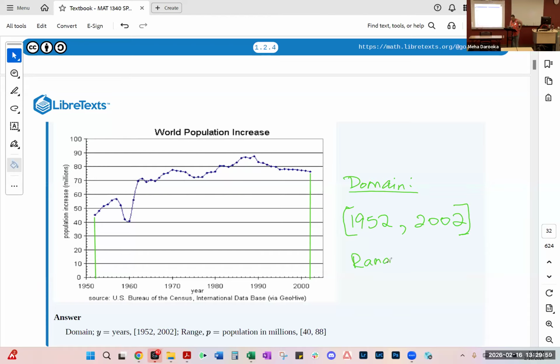And then what could we say about the range of the population? So that would be looking at this on the vertical axis. So maybe somewhere over there. Somewhere over there, maybe.